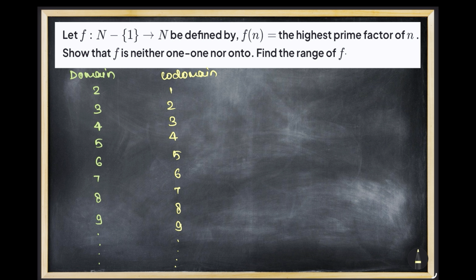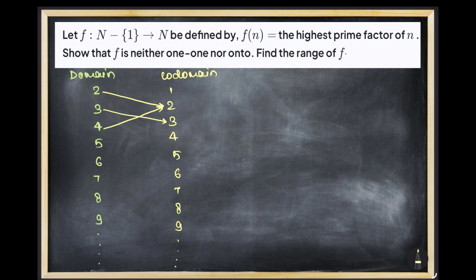Great. Suppose n is 2. The moment n is 2, the output will become what? Highest prime factor of n. So the highest prime factor of 2 is what? 2. Highest prime factor of 3 is what? 3. Highest prime factor of 4 is what? 2.